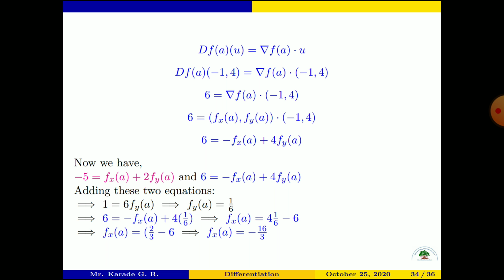Put the value of fy at A in any one of these two equations, and then we will find the value of fx at A is equal to minus 16 upon 3. Thus our problem is over.